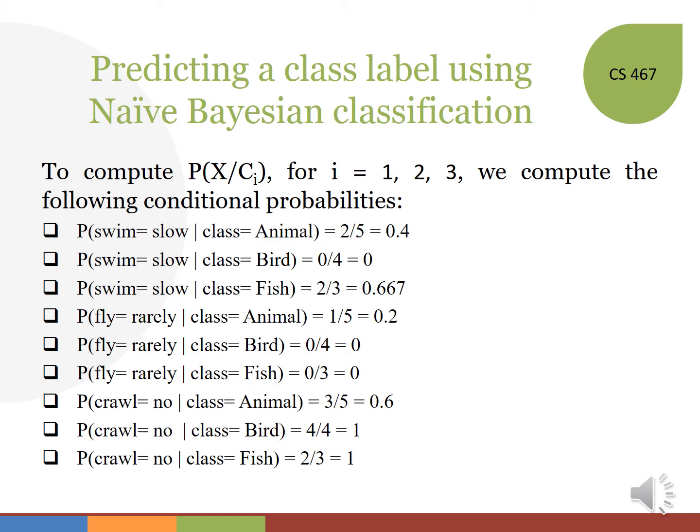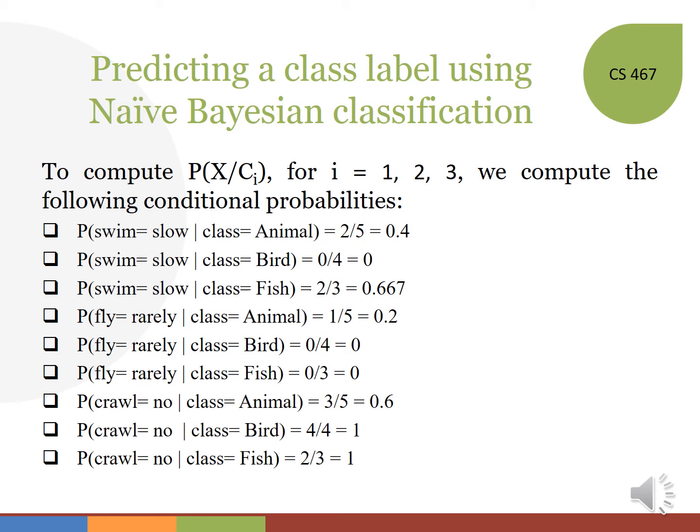Out of the 5 instances where the class label is animal, 2 have the value slow for swim. Therefore, P of swim equal to slow given class equal to animal is 2 by 5.